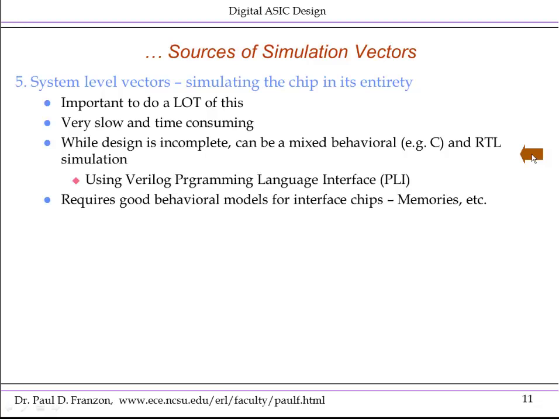In addition to doing this, you'll also need models for the parts of the chip that aren't synthesized, such as the memories. You need Verilog, not synthesizable Verilog, but Verilog for the interfaces that capture the behavior of these functions, so you can do this system level simulation.